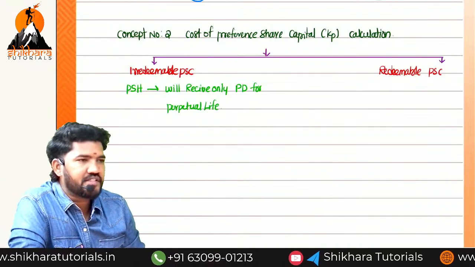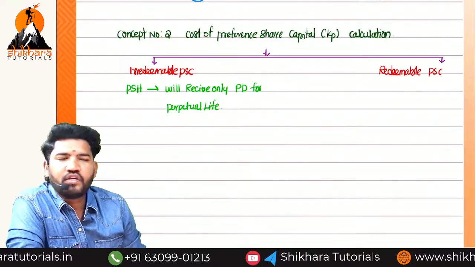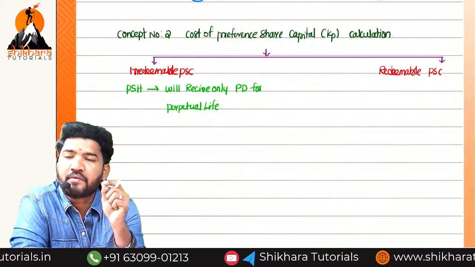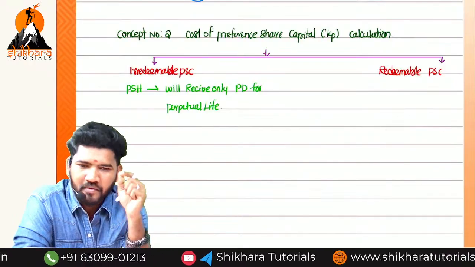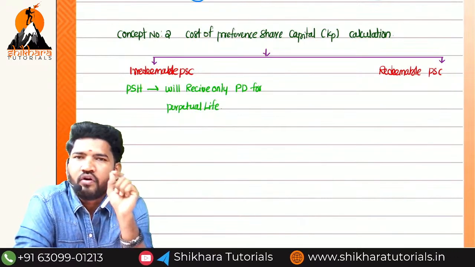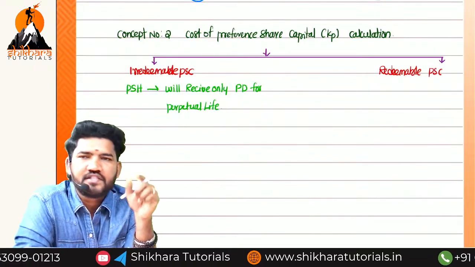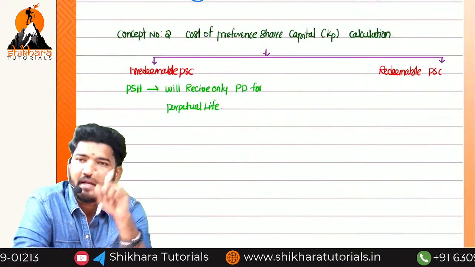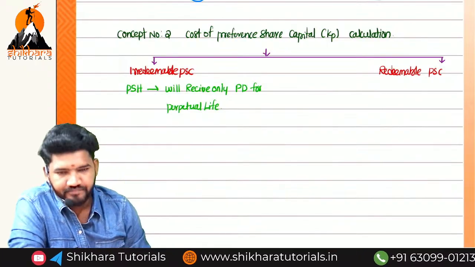The debenture holder expects interest, the preference shareholder expects preference dividend. If they give just a dividend, it represents equity dividend. For a preference dividend, you have to properly mention it is a preference dividend. If just a dividend is given, that is called equity dividend. If it is a preference dividend, they need to express PD, preference dividend. Clear now? Okay, then fine.